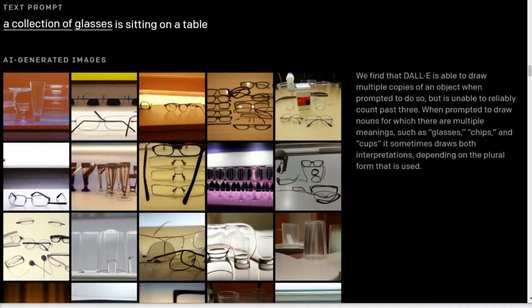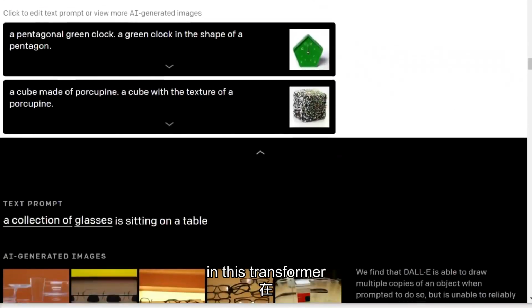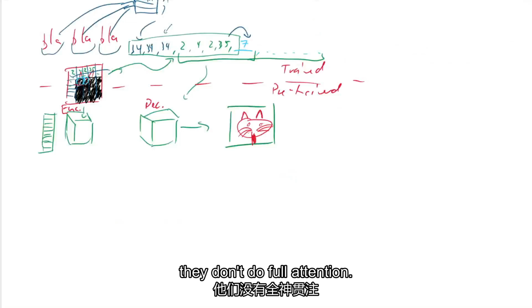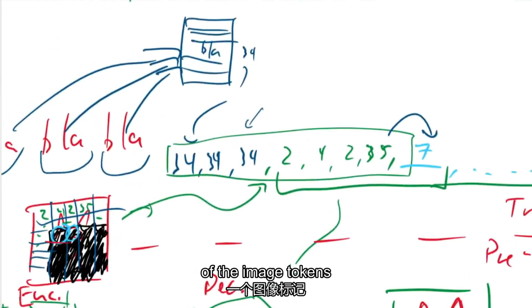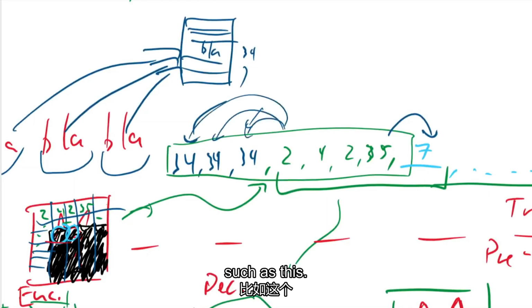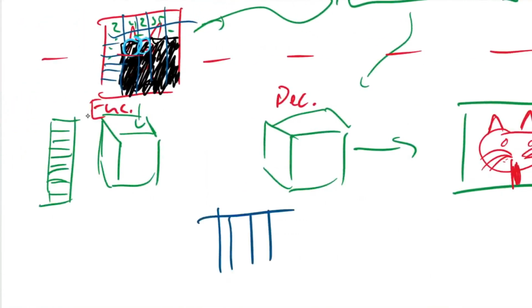And by the way, in this transformer for images, they don't do full attention. What they do is each one of the image tokens can attend to each of the text tokens, but the image tokens can only attend in the grid, layer by layer.